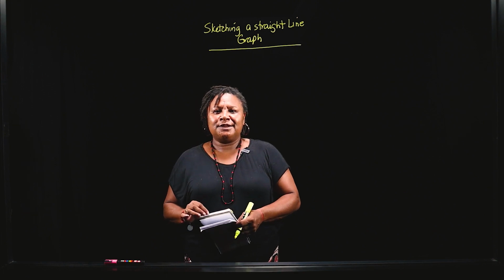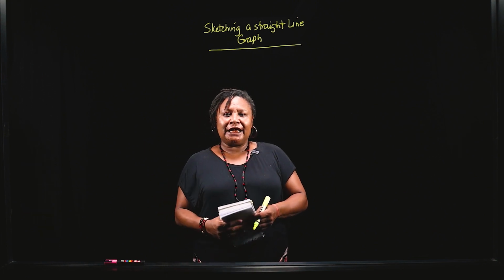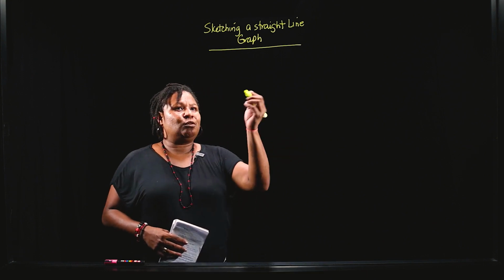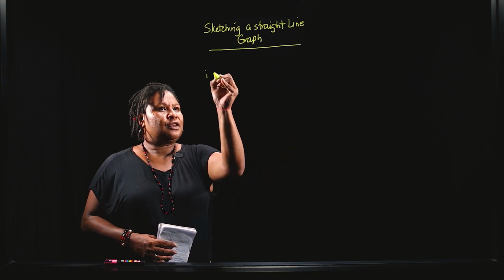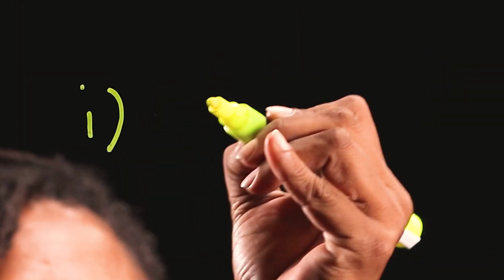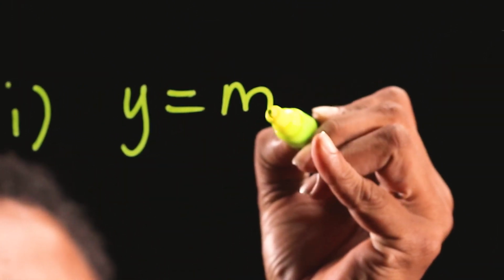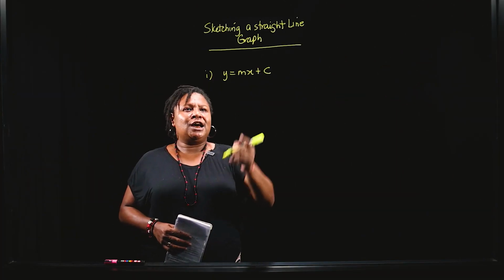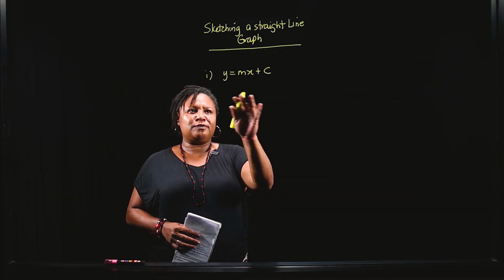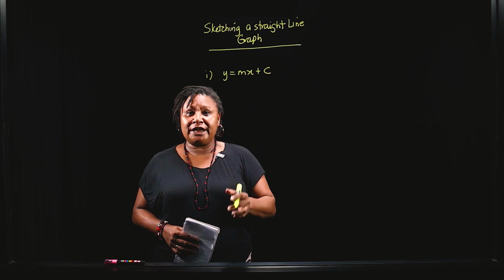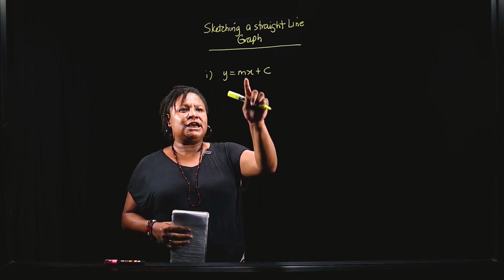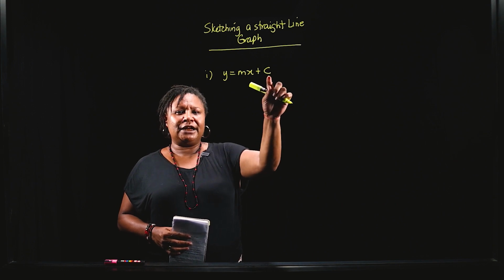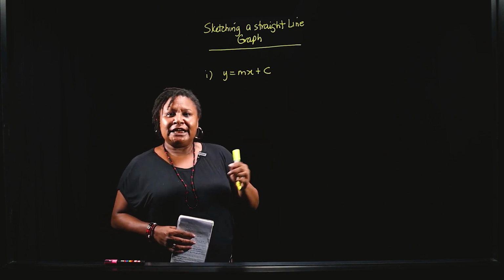So we also learned that we have equations that come in the first form, which is y equal to mx plus c. Now this form is called the gradient intercept form because you are given the gradient represented by m and the intercept represented by c.